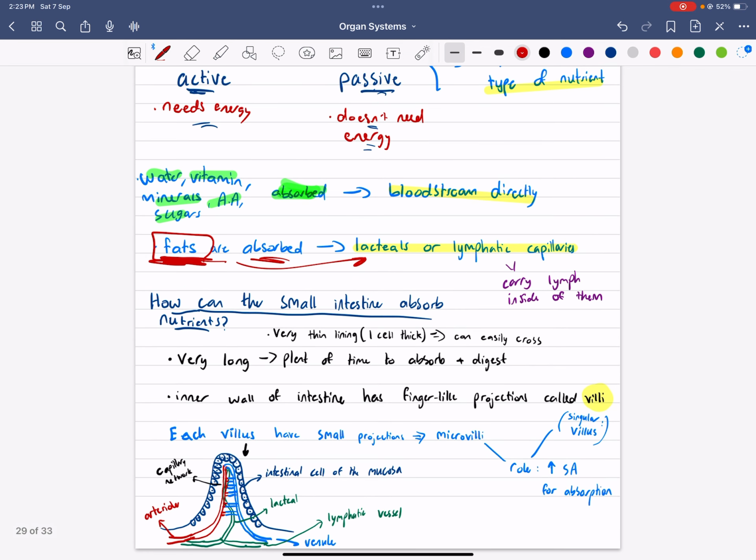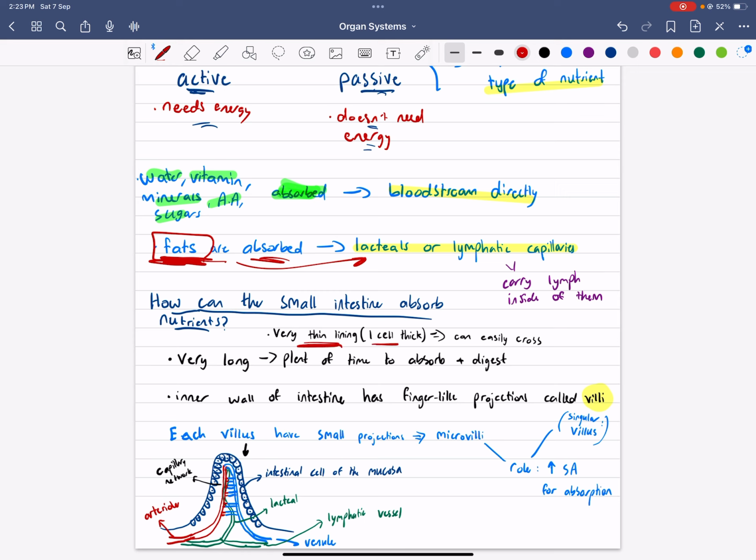Now, how can the small intestine absorb nutrients? Of course, if the small intestine wants to absorb nutrients, it must have specific structures that allow it to do so. So first of all, the small intestine has a very thin lining.